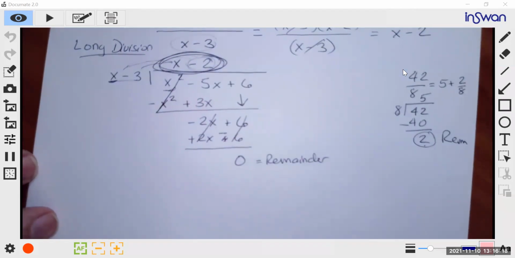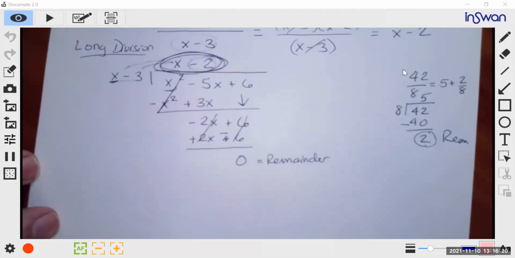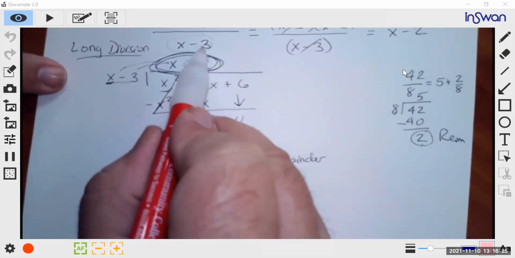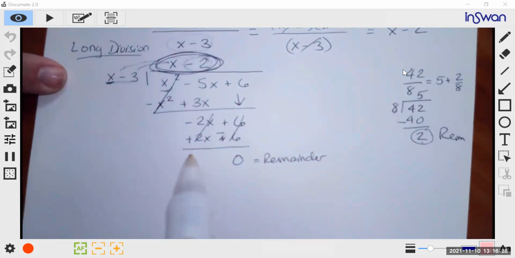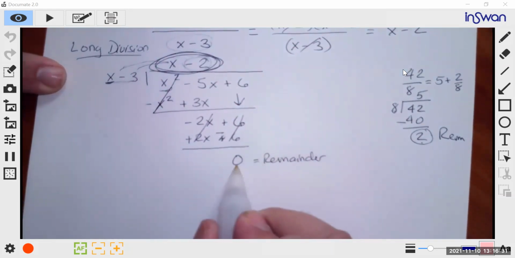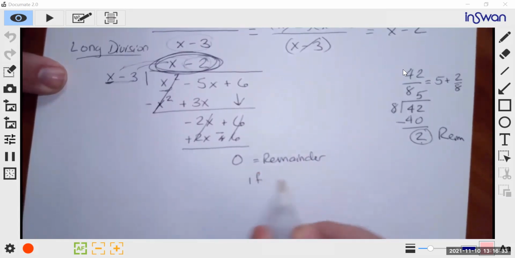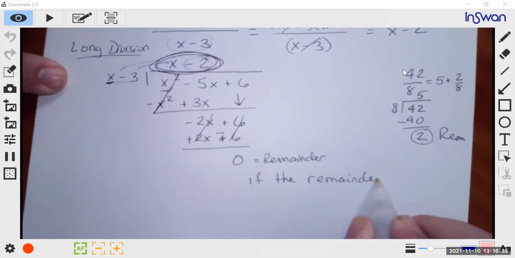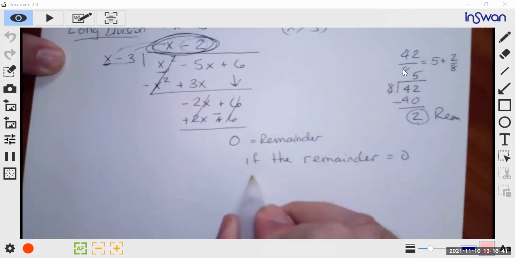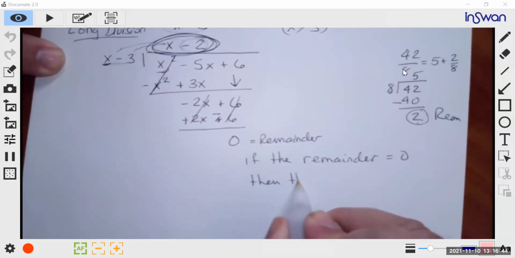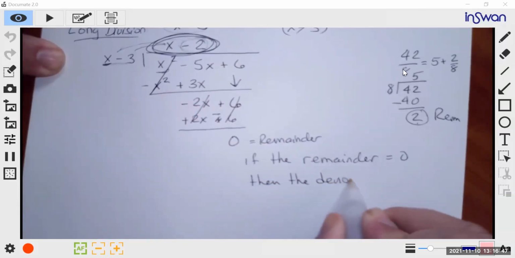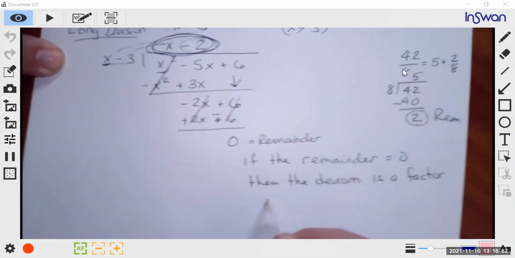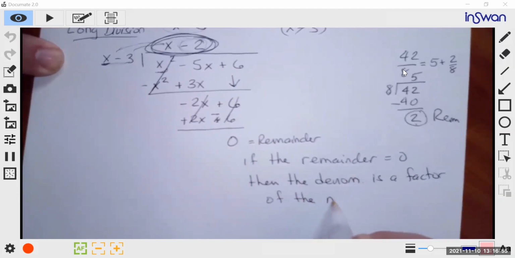Long division tells us two things. It tells us first whether the denominator is a factor of the numerator.